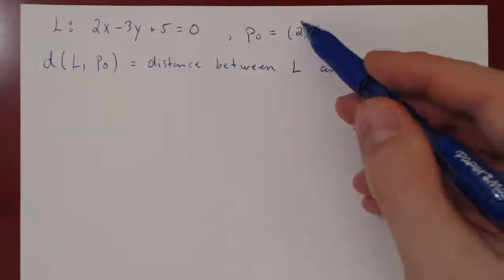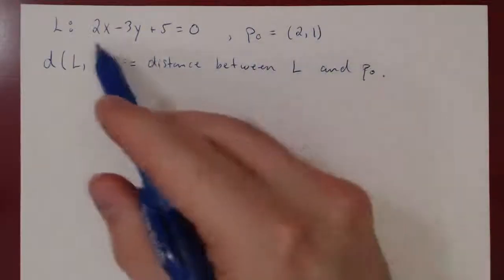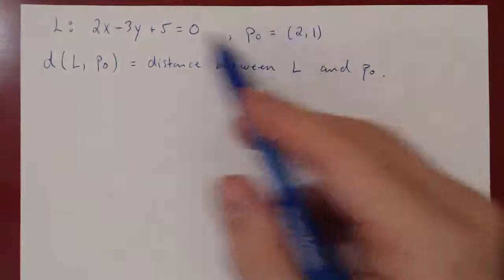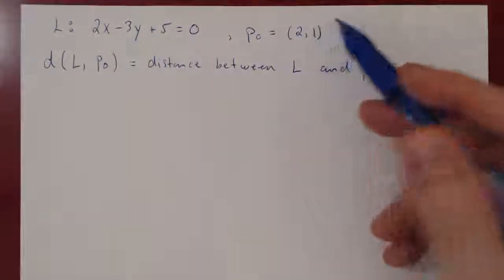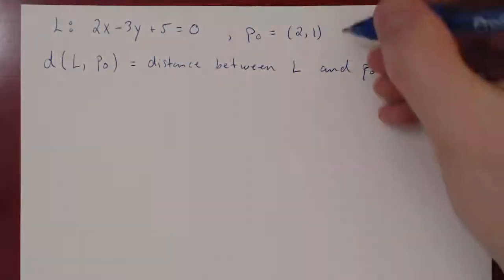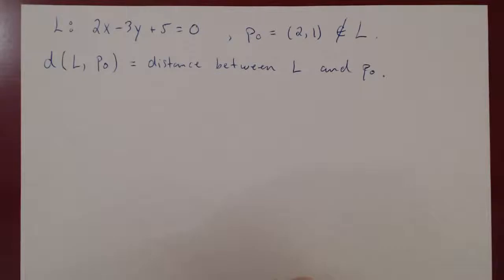Let's replace x by 2 and y by 1, and see whether or not the point satisfies the equation of this line. 2 times 2 is 4, minus 3 times 1 is 1, plus 5 is 6, which is clearly not 0. So this point is not on the line, and now we have on our hands a non-trivial problem.